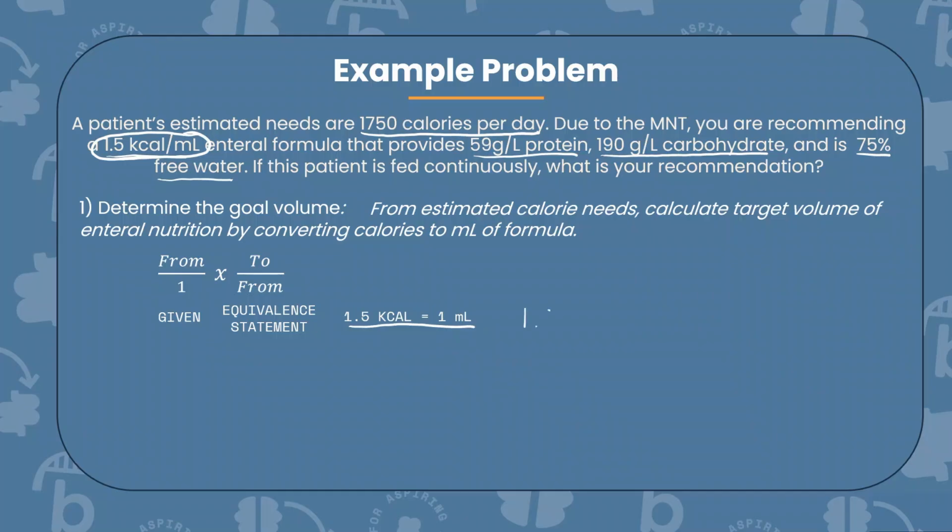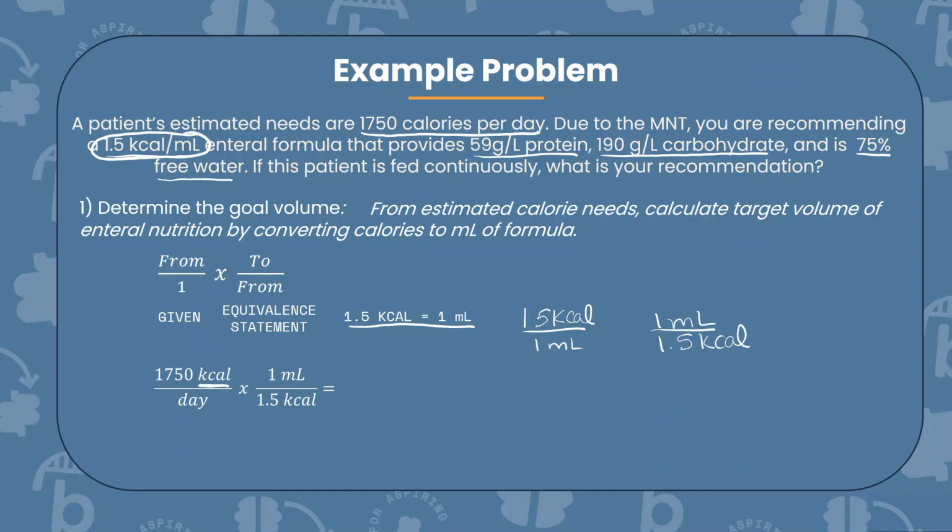So we can write it out as two fractions. We can say, if we were to take in 1.5 kcals, then we must have been administered 1 milliliter of formula. Or if we're administered 1 milliliter of formula, then we're receiving 1.5 kilocalories of nutrition. And this patient needs 1,750 kilocalories every day.